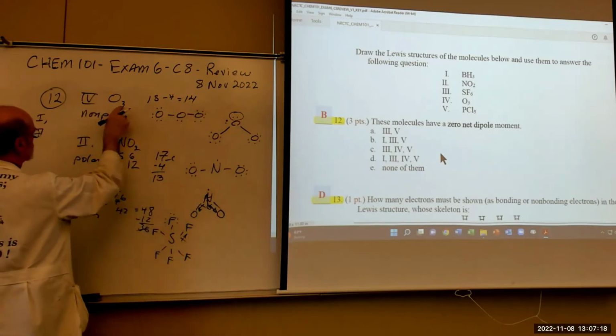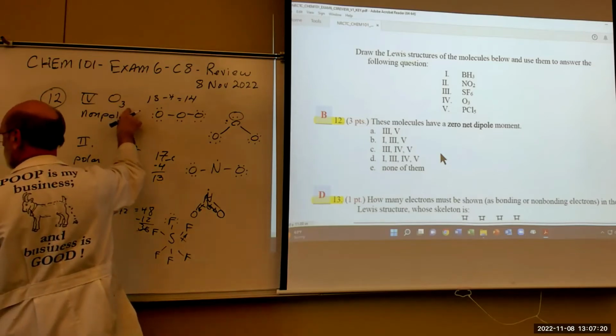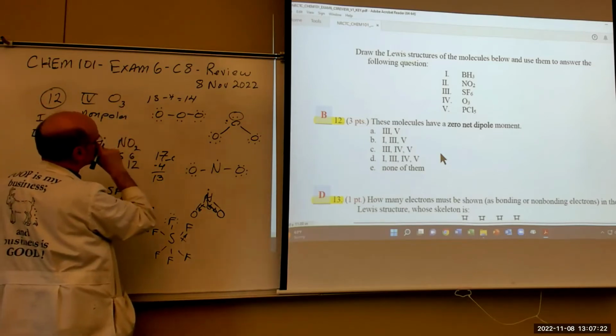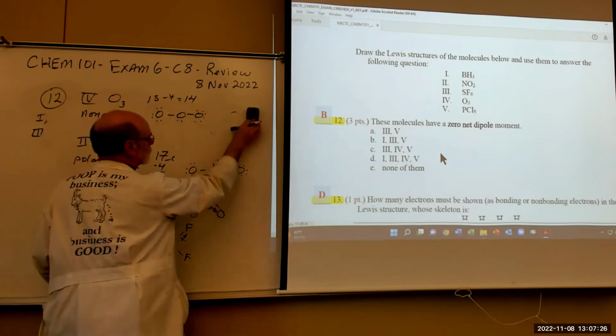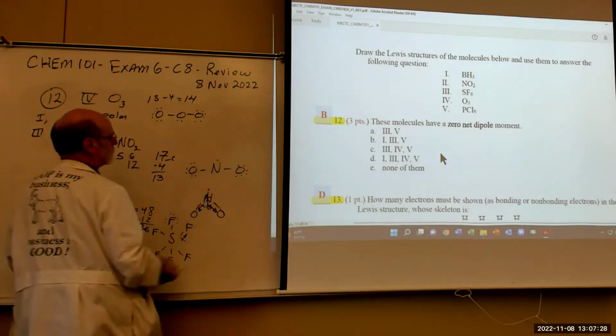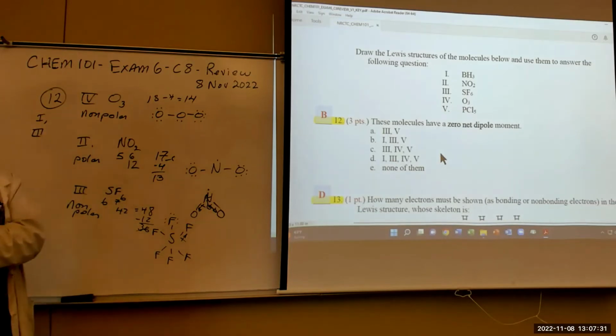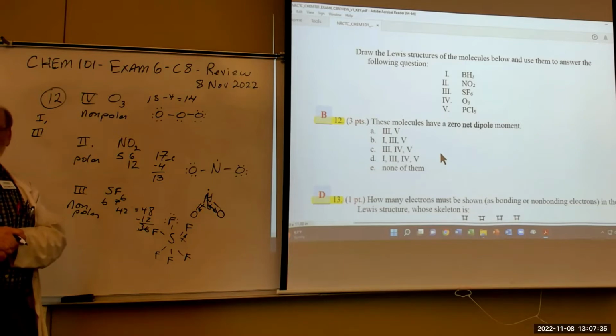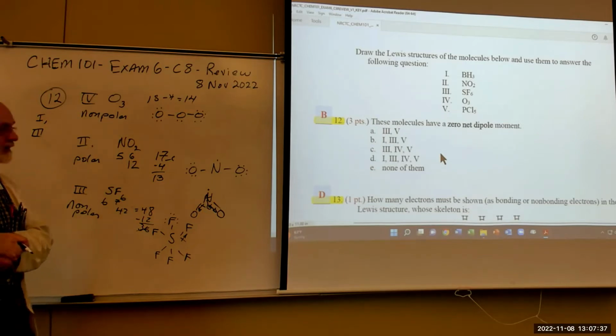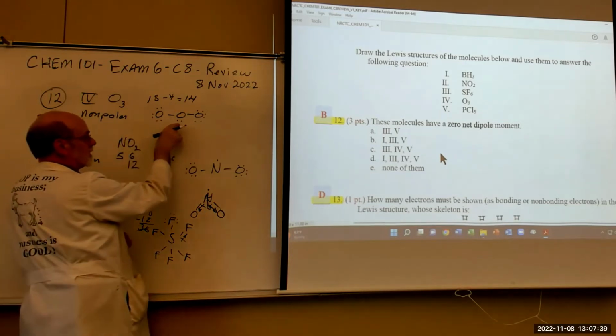Is that right? 3 times 6 is 18. Oh, no. I'm not finished. What did I do wrong? Somebody tell me. I didn't complete the octet on the central oxygen. Right? These guys have octets, but that one doesn't.